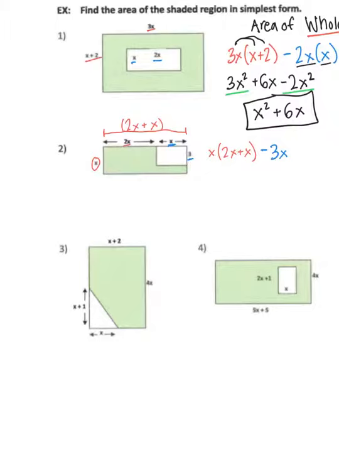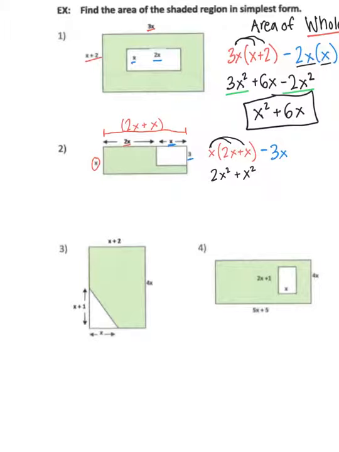Now I'm going to get this equation in simplest form so I can distribute my x into my parentheses. I've got 2x times x is 2x squared. And then x times x gives me x squared.